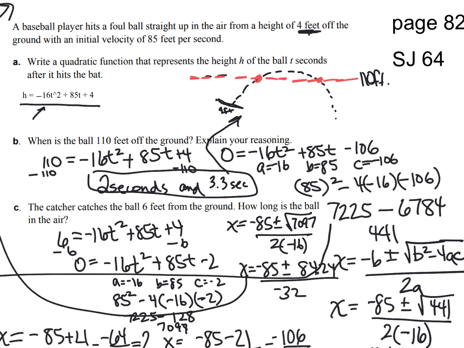So I'm going to have x equals negative 85 plus 84.24 divided by negative 32. And I'm going to have negative 85 minus 84.24 divided by negative 32.